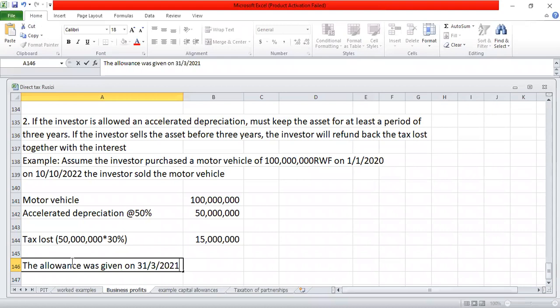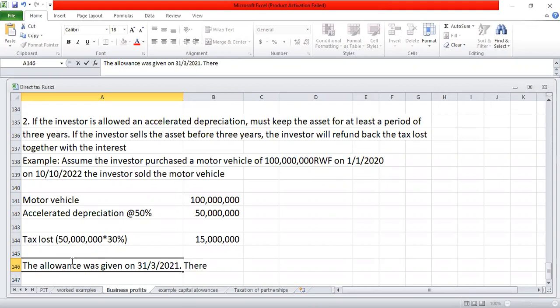So now we calculate from April to 31st March 2022, that is 1 year. Then from April to October, that will be April, May, June, July, August, September. Those are 8 months, I think. 8 months plus 12, that's going to be 20 months. So the interest will be calculated for 20 months.